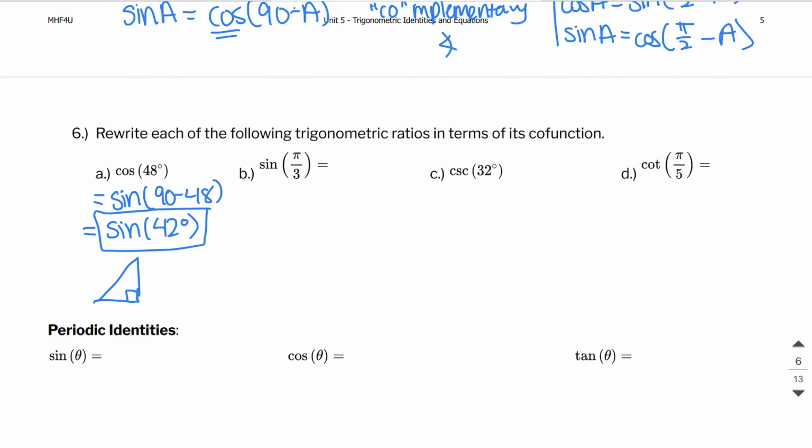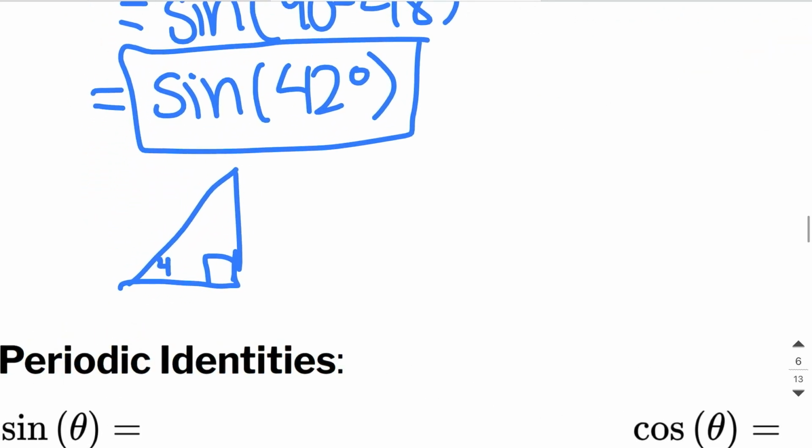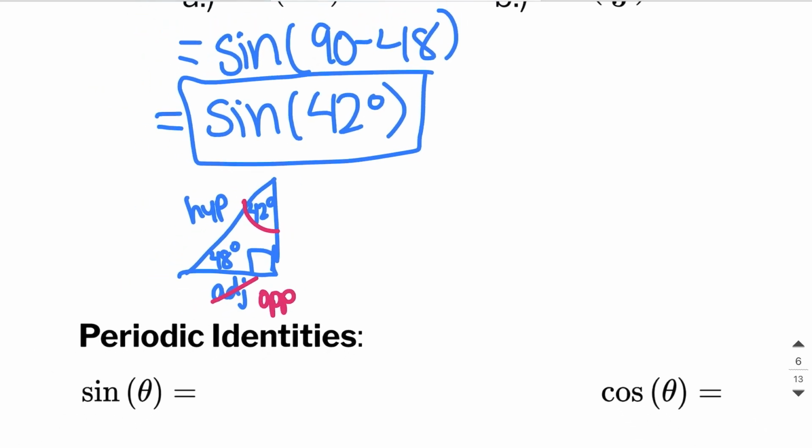So if this right here is 48 degrees, we know that this has to be 42 degrees. And the cosine is the adjacent over the hypotenuse. But as soon as I start to do the sine of this angle right here, the adjacent now becomes the opposite, but it's still the same side length. So they're still going to be equal to each other.